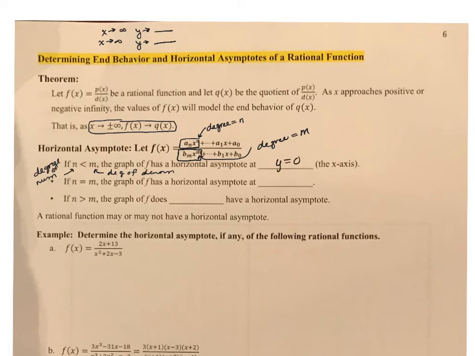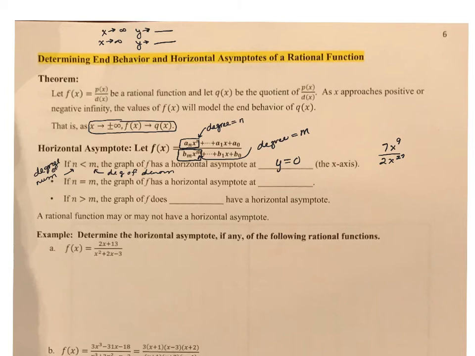Okay, and you can sort of think about it like this. If I gave you something like 7x to the 9th degree divided by 2x to the 27th degree, well, the degree of the numerator is less than the degree of the denominator.